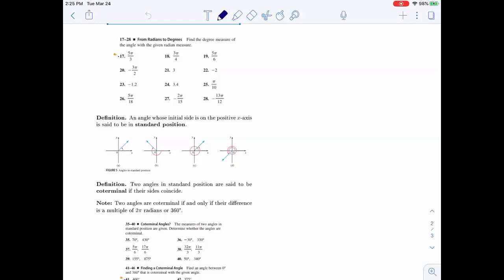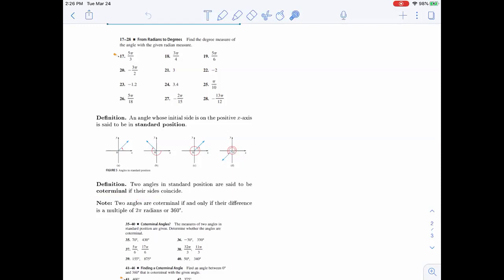what we said is we've already talked about two angles being coterminal, but if two angles are in standard position, so they start here on this positive x-axis, and then they go counterclockwise, as long as they end up at the same place.